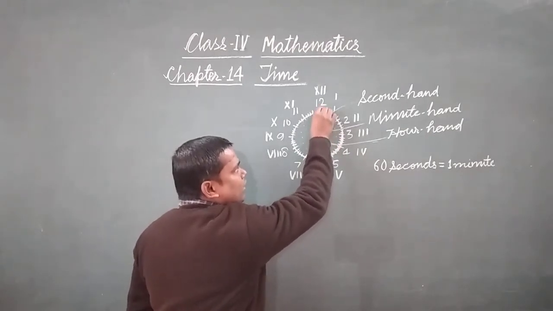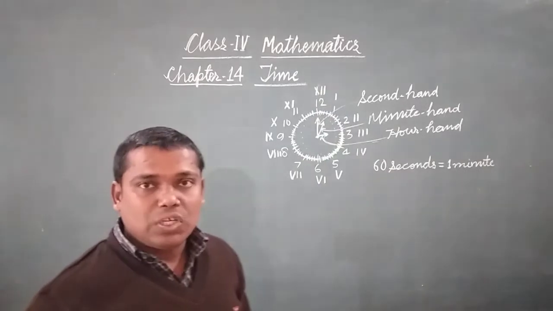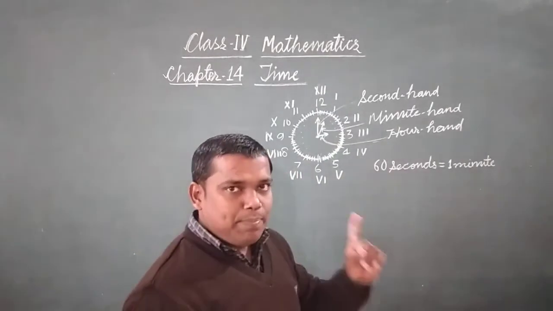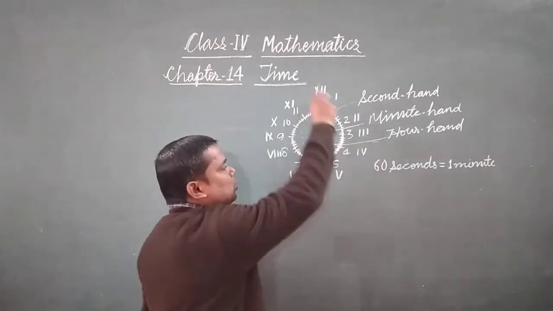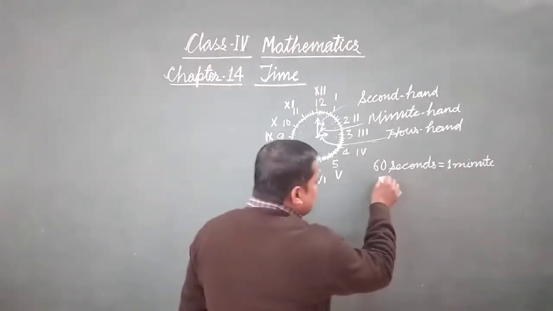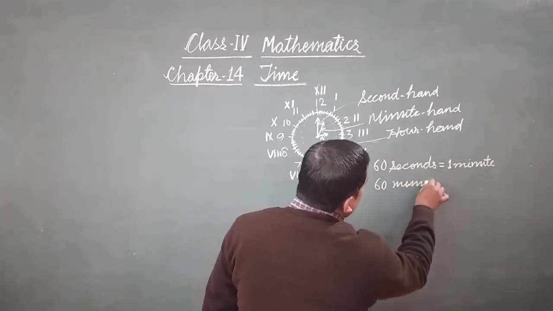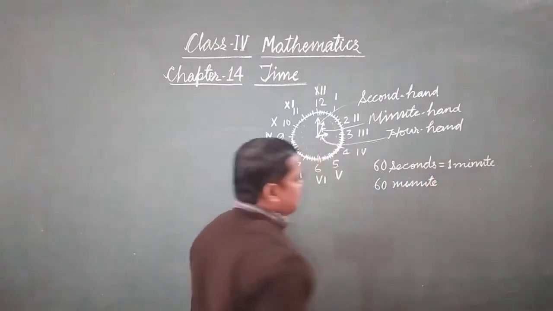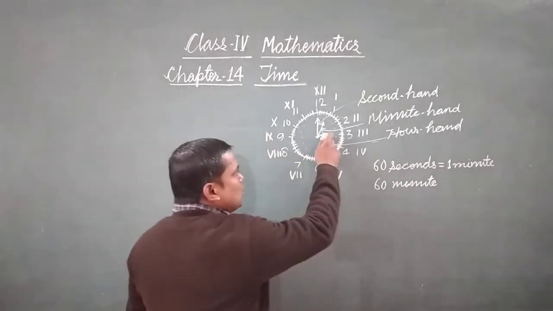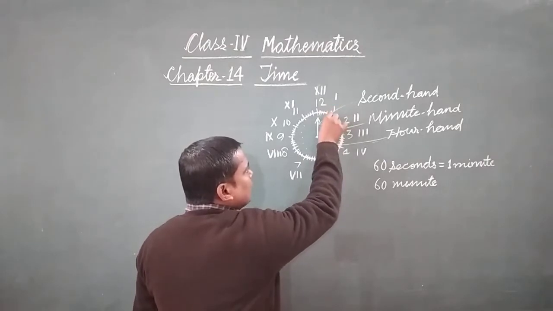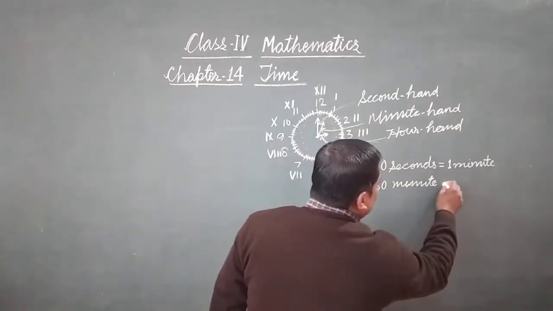It will reach the first division after 12. It means there is 1 minute, and if the minute hand completes one rotation, it means it completes 60 minutes. Then it will be 60 minutes, and then slowly it will come from 12 to 1. Okay, that is 1 hour.